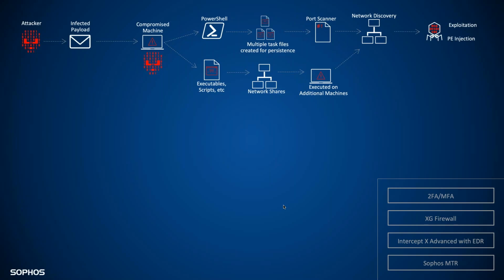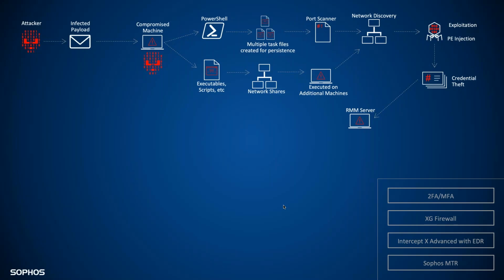And ultimately, the goal here is we want to have some sort of an exploit or a PE injection, portable executable, on there. There's some credential theft that happens inside here, so we can elevate our privileges and continue to move across this network. And eventually, we find something that looks interesting as the bad guy. They find your RMM server, where we're going in to manage all of the customers.